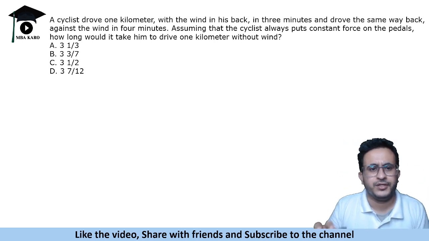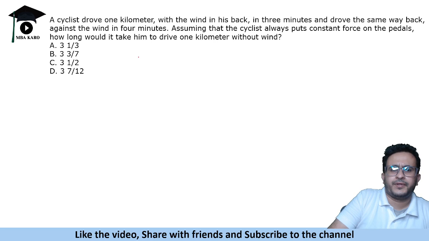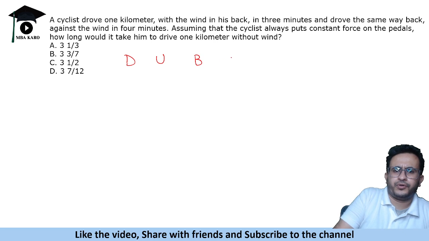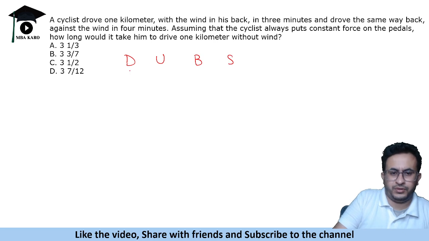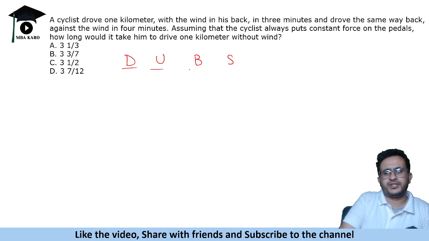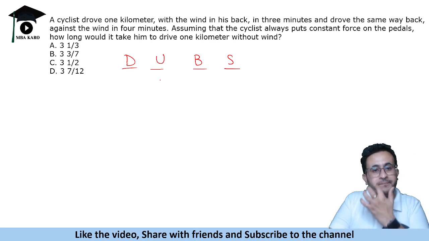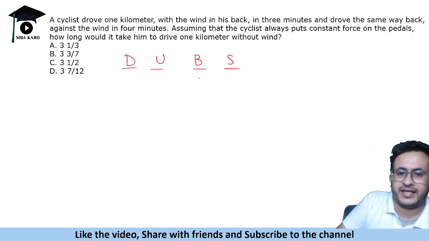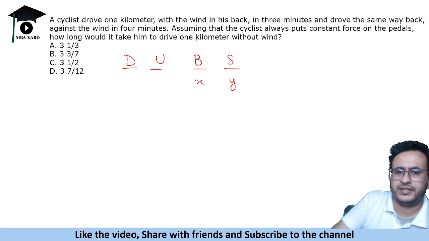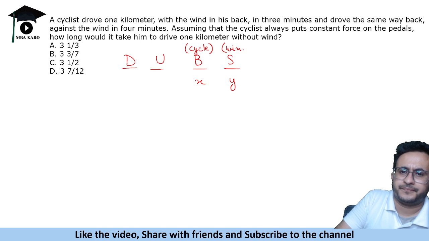Now, this is a question similar to your boats and streams. So how do we solve it? If you look at boats and streams, we use this framework: downstream, upstream, boat and stream. So here we can use a similar framework. Let us say the speed of the cyclist is x, and the stream becomes the speed of wind.